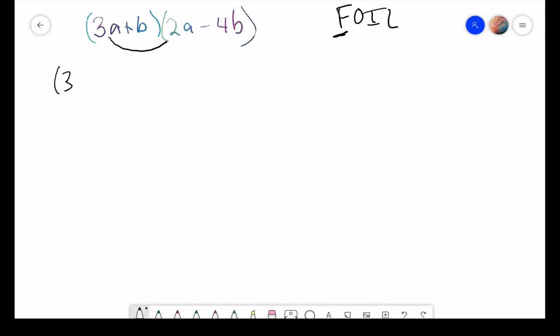So that gives me 3a times 2a. Then I'm going to do my outer. 3a times negative 4b.